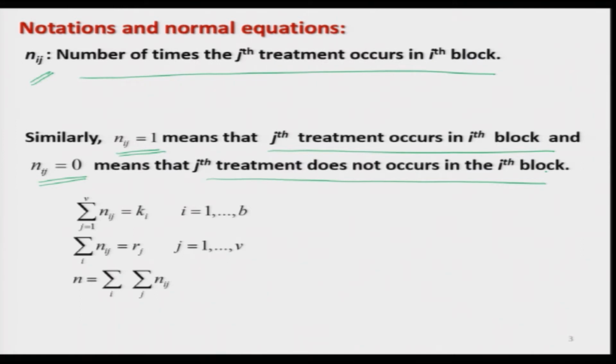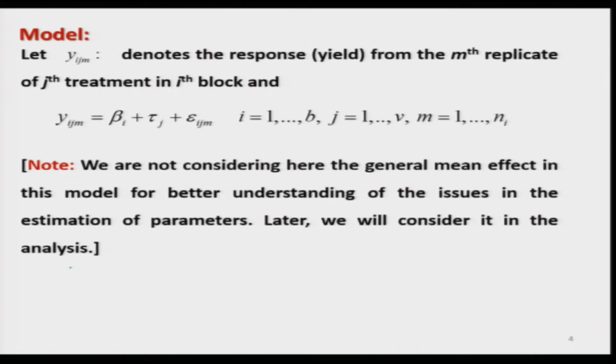And if you take the sum over j of these Nij's, then this came out to be Ki. If you take the summation of Nij with respect to i, then it was coming out to be Rj, and if you take the summation of Nij for all values of i and j, then this was equal to small n, that is the total number of plots. This exercise we had done in the last lecture.